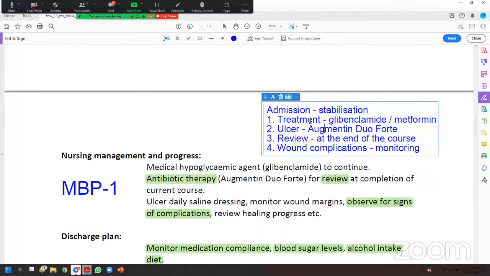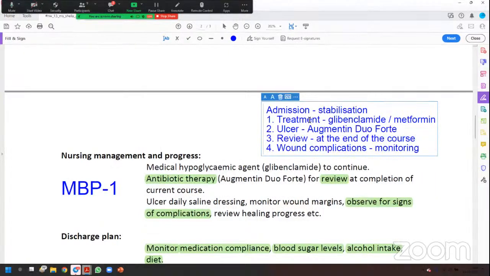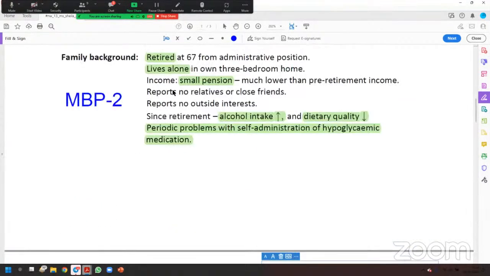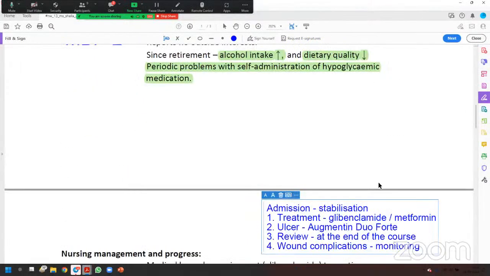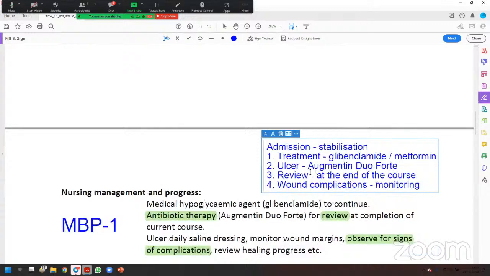Stabilization of diabetes mellitus, treatment with glibenclamide. So she was admitted for what, and when, the date? She was admitted for stabilization on 30 April 2017. So this is how you can write.